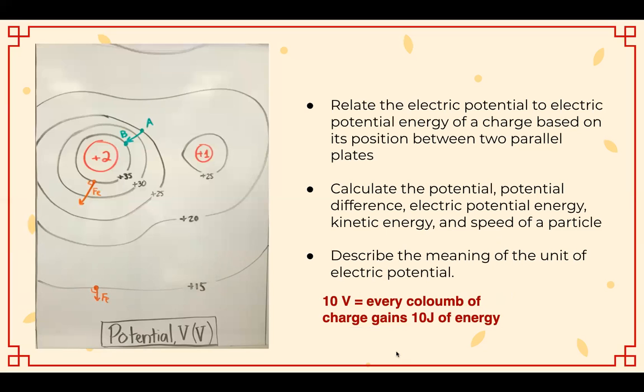Volts is proportional to energy. So since volts is related to energy, I would expect it to be related to the unit of joules. And once you know how much energy there is, that energy can change from potential to kinetic.